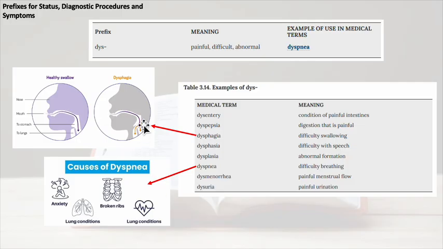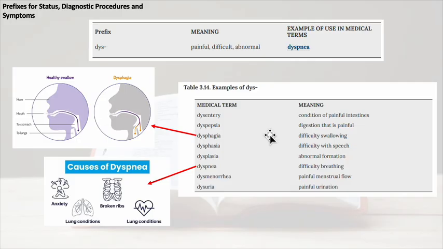So here we see dysphagia, which is difficulty swallowing, dyspnea, which is difficulty breathing, various causes, lung conditions, broken ribs, anxiety, causing difficulty breathing. Some other examples include dysuria, which is, again, uria referring to urine, so painful or difficult urinating.